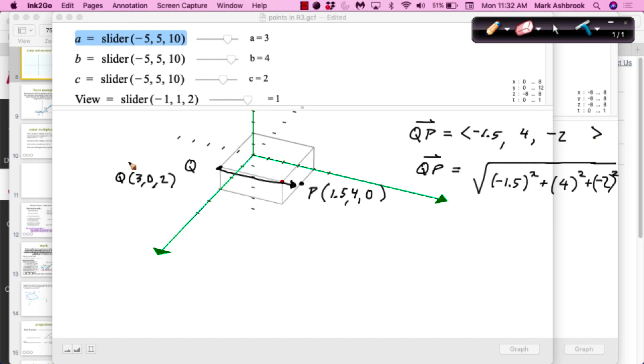Let's say that Q was x1, y1, z1, and P was x2, y2, z2. Then, in general, where is that magnitude of QP coming from? Square root of what?